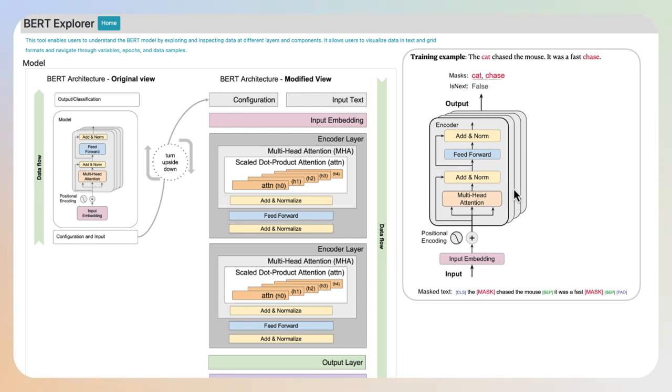At the end of the training cycle, the BERT model predicts the masked words as cat and chase. The model also tries to predict if this sentence pair has a logical continuation of a previous sentence pair using the flag isNext.